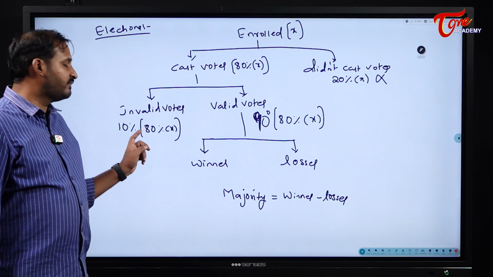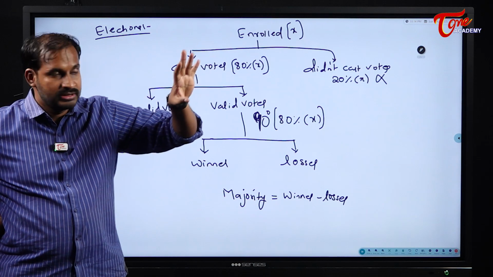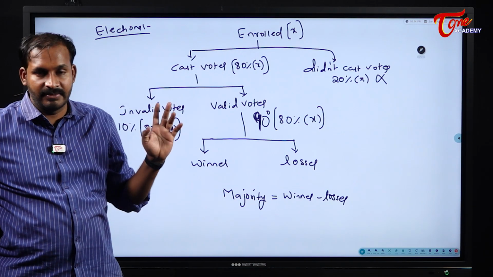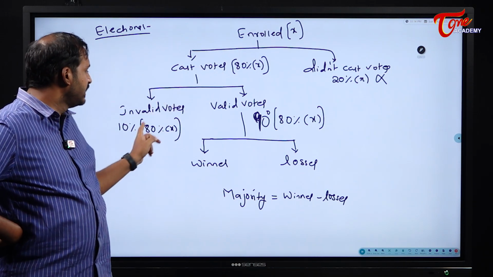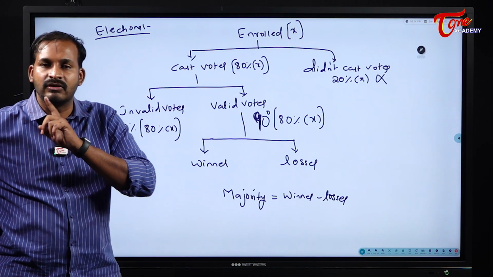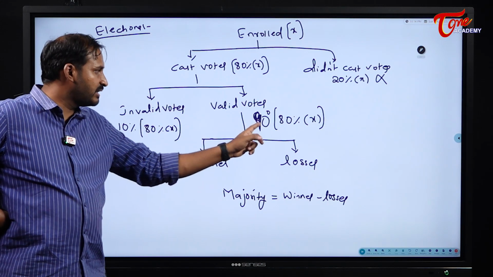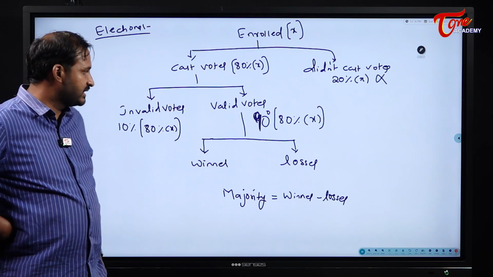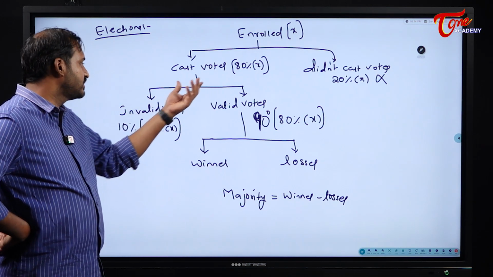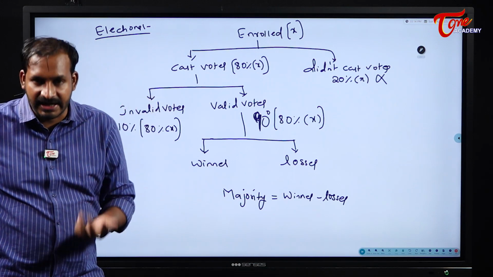See, if he had said that 10% of the total votes enrolled in the election were invalid, then I would have taken directly 10% of X and written directly 70. But usually that will not happen. So it is 10% of 80% of X invalid, 90% of 80% of X valid. Out of casted votes, 10% are invalid means 90% becomes valid.